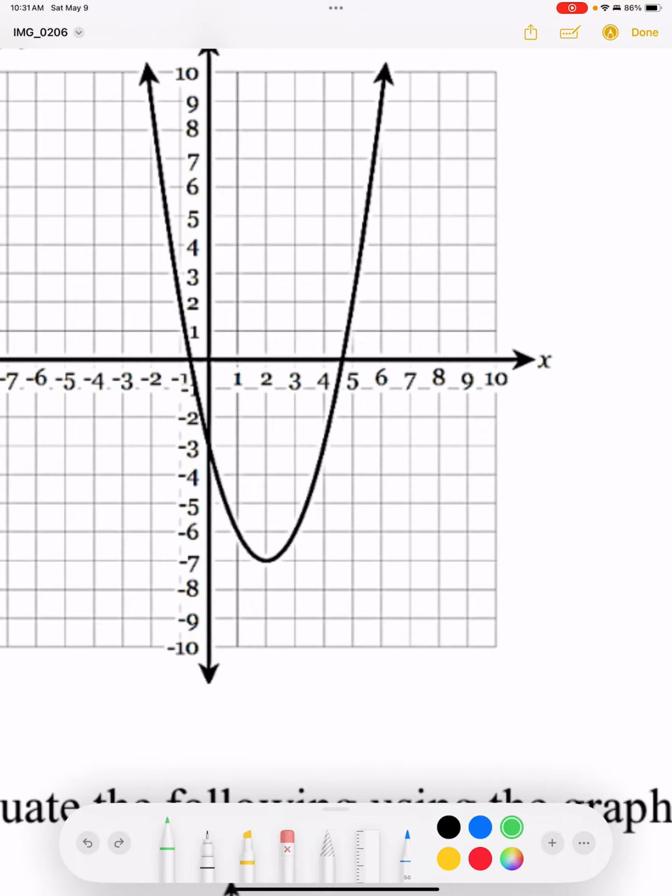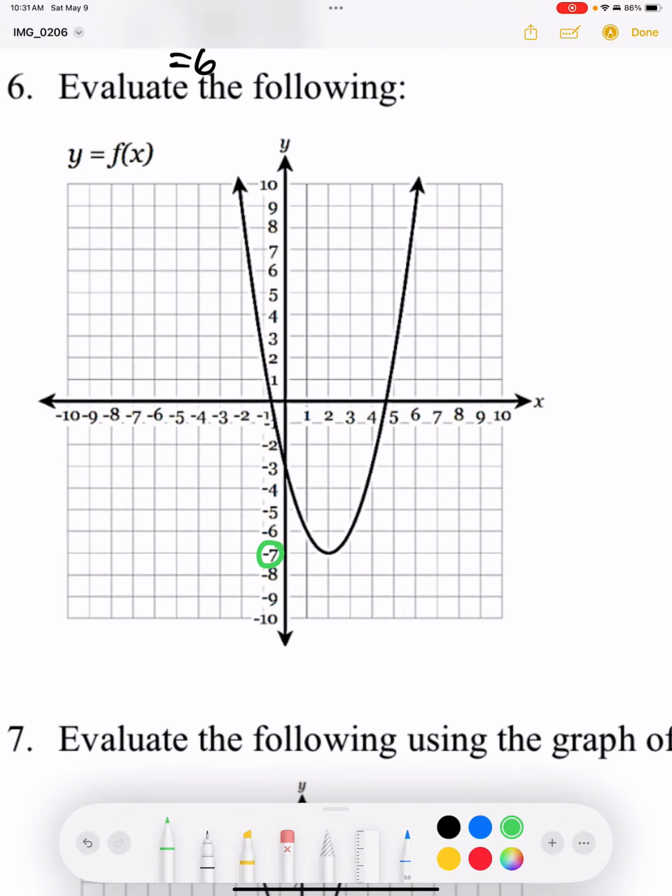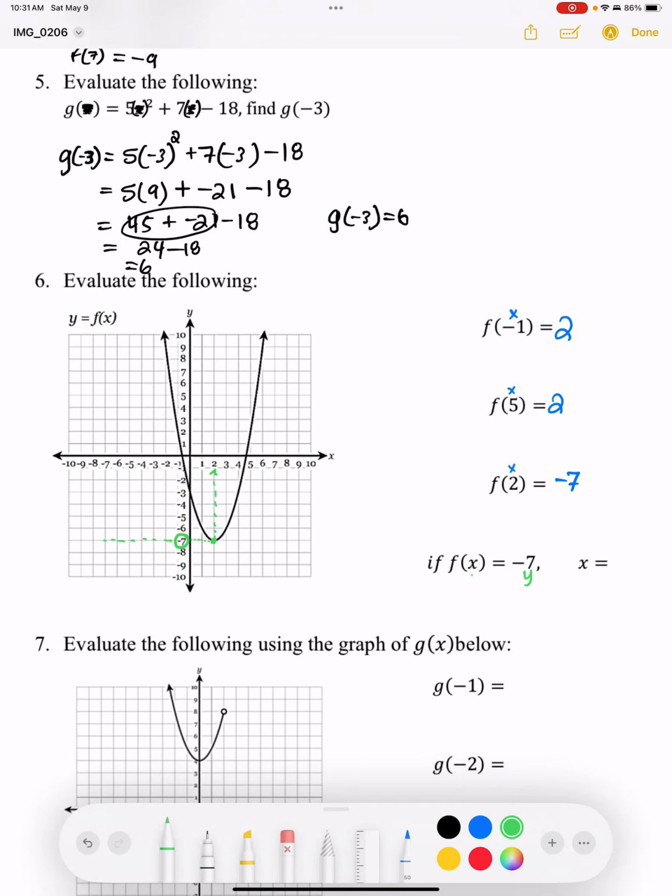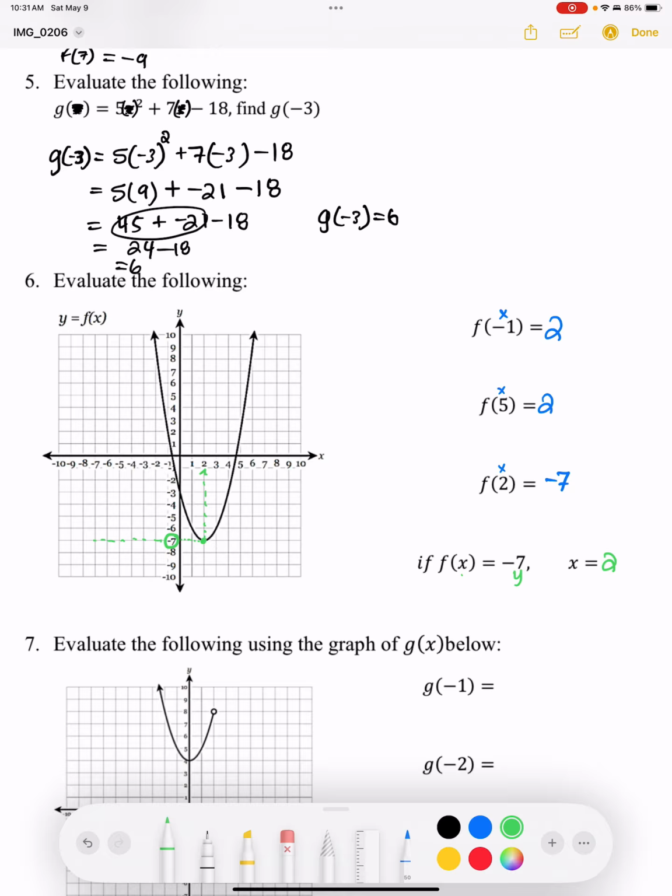So we're going to go to -7. And is the graph on the left? No, there's nothing to the left. It's to the right. And when does it hit it? Right here. So how much did you have to go to the right? Well, that would be 2. It was 2 to the right. And it kind of makes sense because it's this one. If you put in a 2 in the parentheses, then the answer would be -7, which is exactly that one.